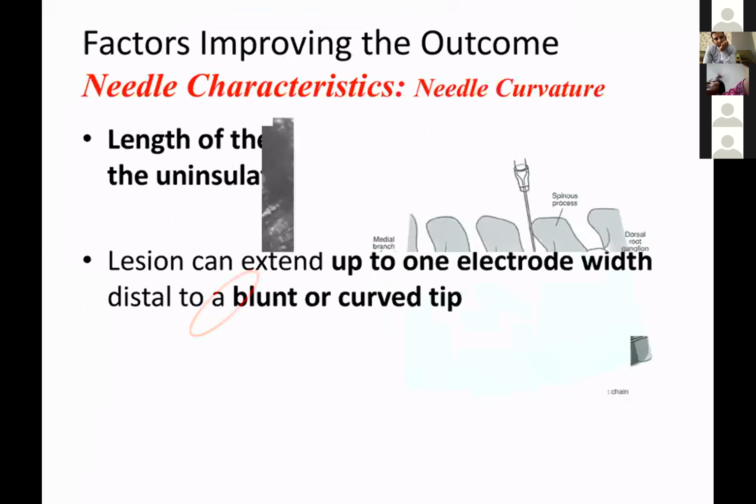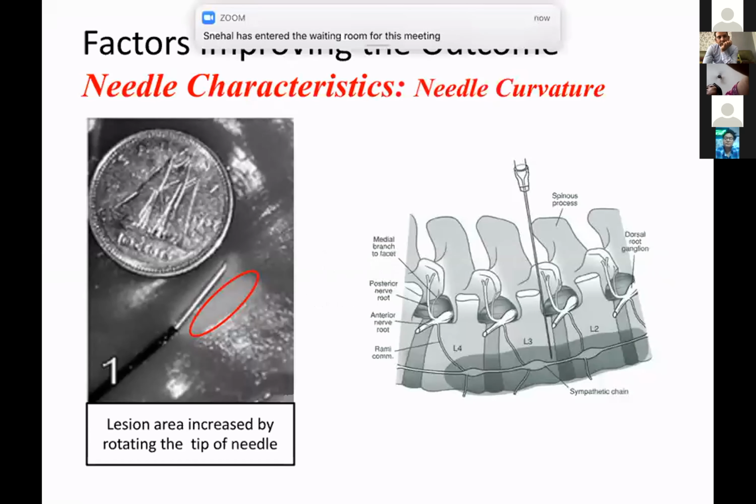So simply by rotating the needle curvature to opposite directions, we can increase the lesion size, and this fact is very important when we are doing procedures where the needle cannot be positioned parallel to the nerve.